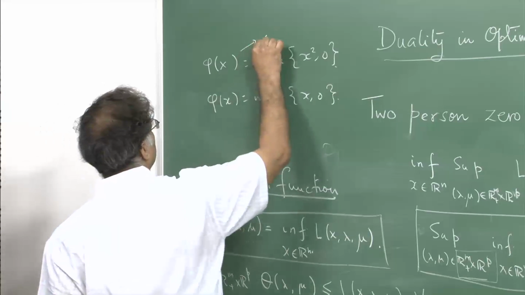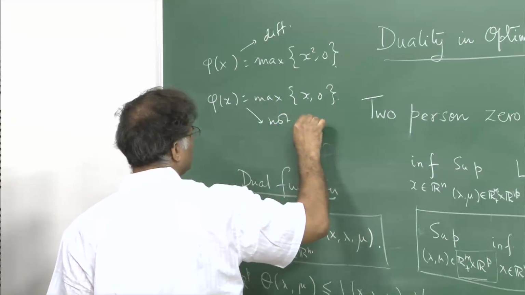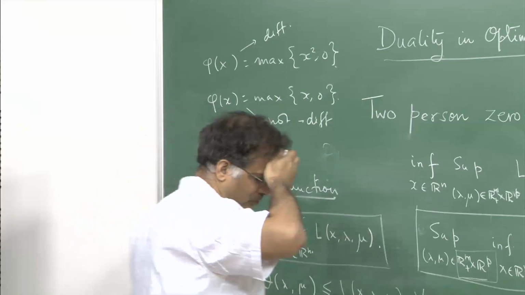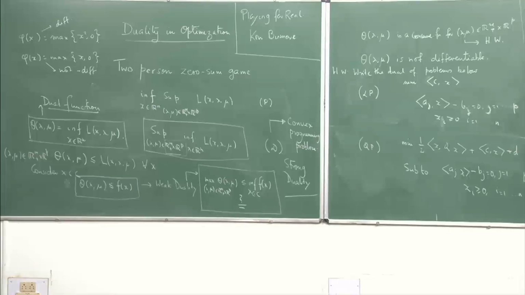So, this is differentiable and this is not differentiable. So, theta lambda mu written like this does not tell you that it is always differentiable or always non-differentiable. It could be differentiable, it could be non-differentiable.